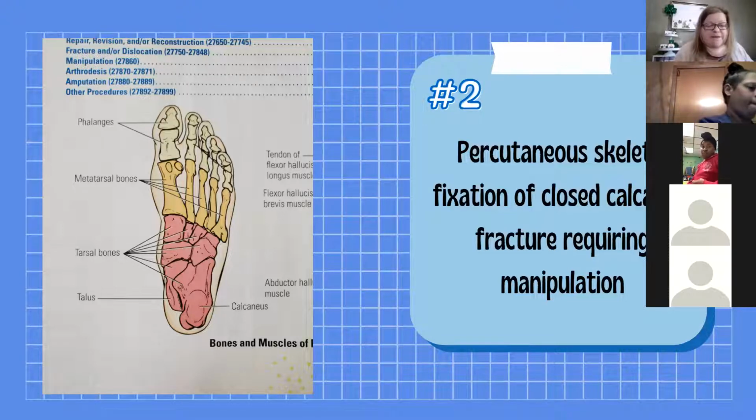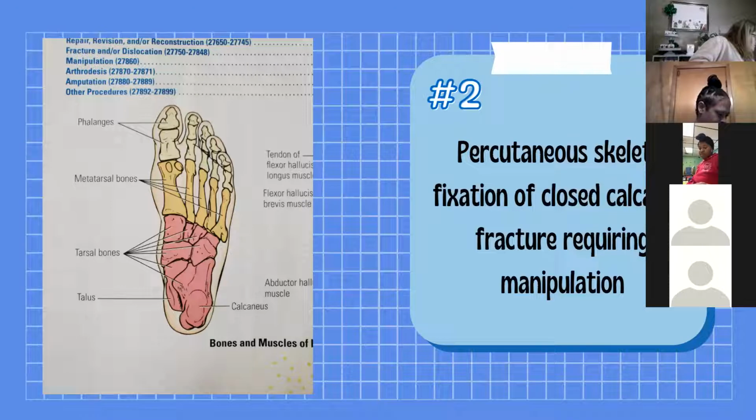The other one, look it up by manipulation. And let's see where it gets us. Let's compare. Well, for fracture with bone graft is 28420. With manipulation is 28405 to 28406.